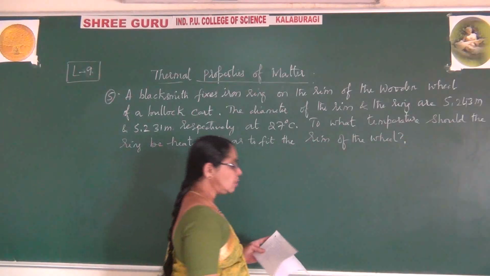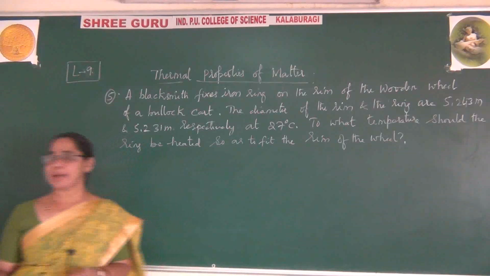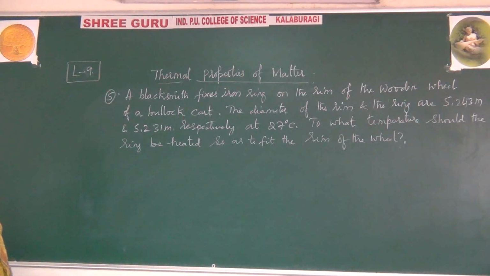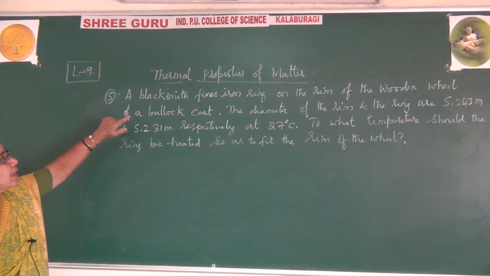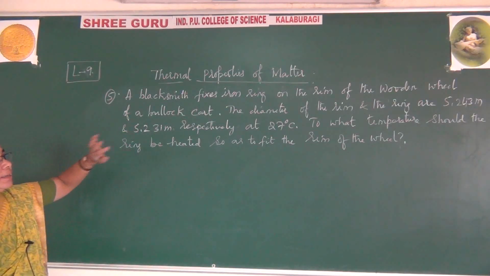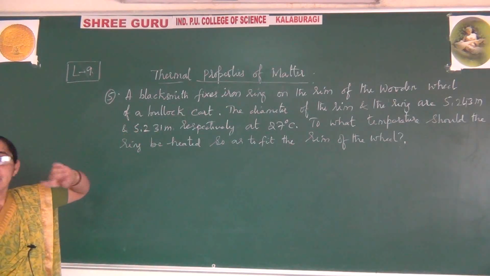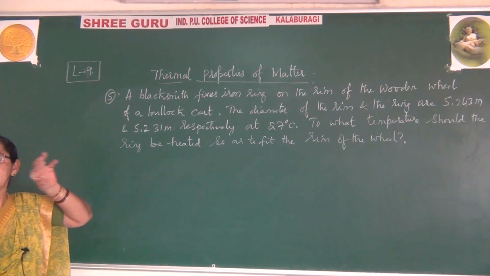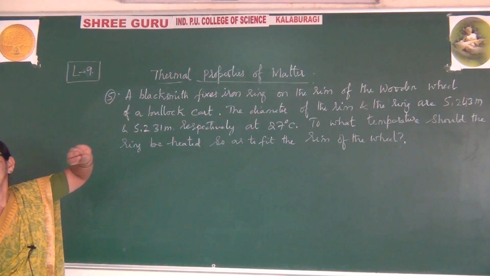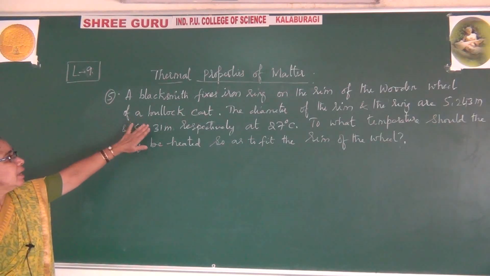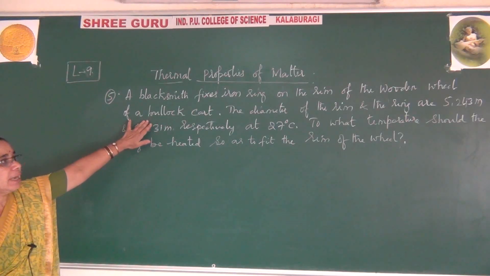So please observe, here they have given a similar type of problem. Here the blacksmith fixes an iron ring for his bullock cart. A wooden wheel will be there, and the iron ring will be fixed to that wooden wheel for the bullock cart.